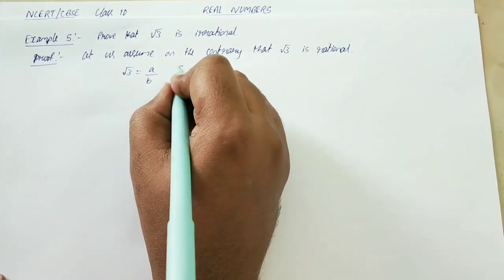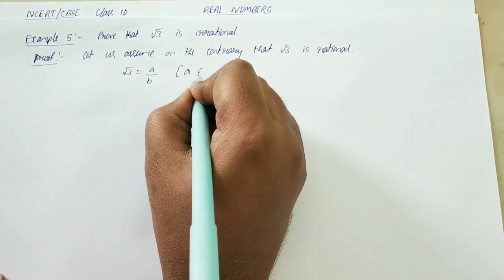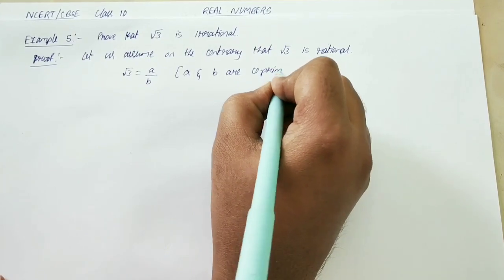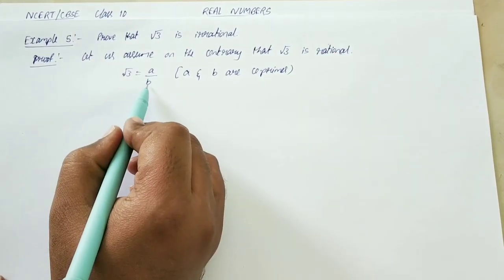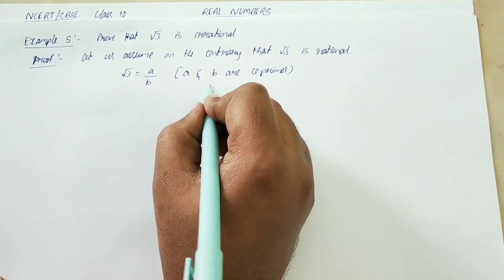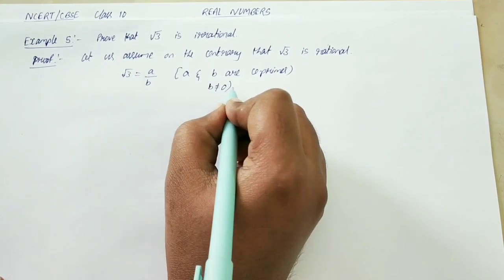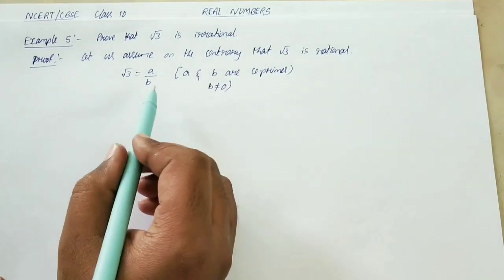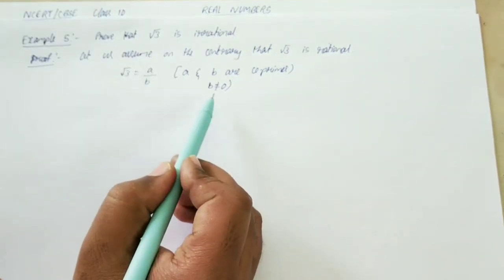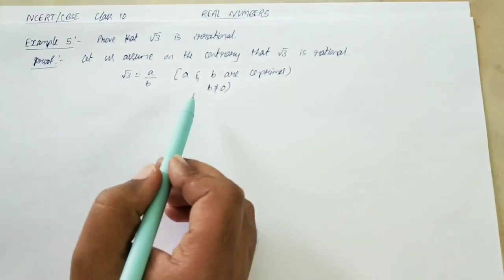So we have one condition that a and b are co-primes. Co-prime means both a and b should have common factor 1. That means HCF should be 1. And one more condition that b must not be equal to 0, right? So since we consider root 3 is rational, this denominator must not be equal to 0. That is one more condition.